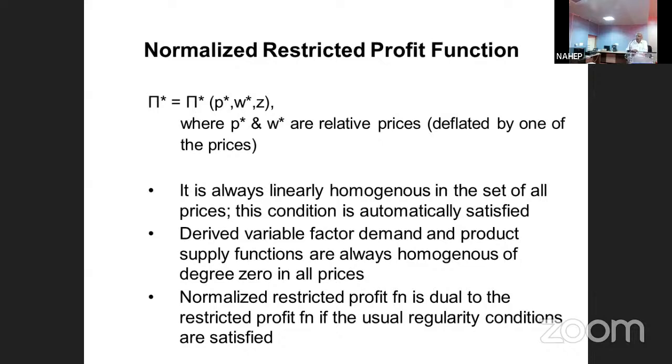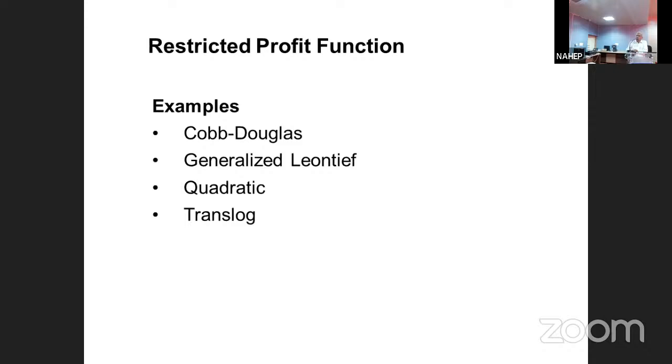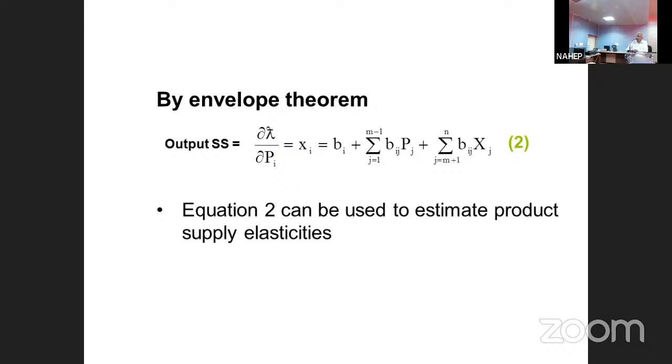How do you work it out? We can write the profit function in any form: normalized, generalized, quadratic, translog. Once we have estimated the profit function, we differentiate the profit with respect to output price. That gives us the supply of that commodity.